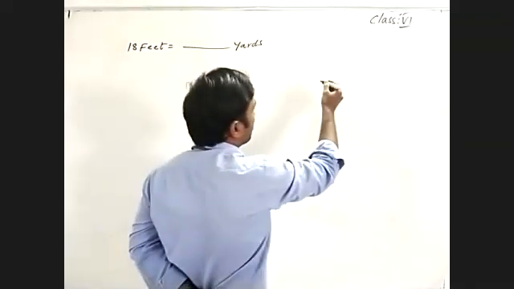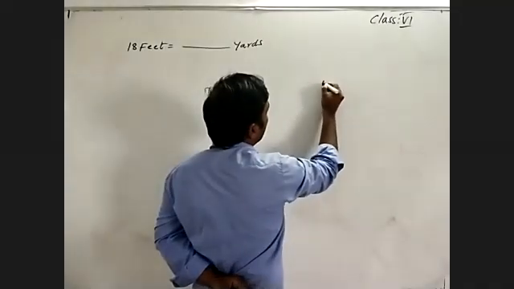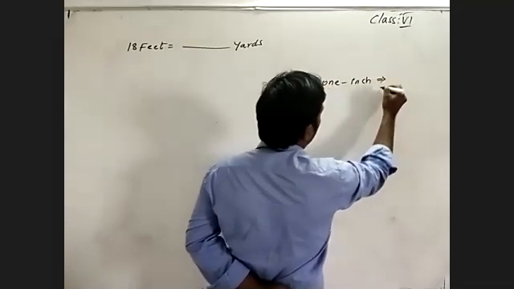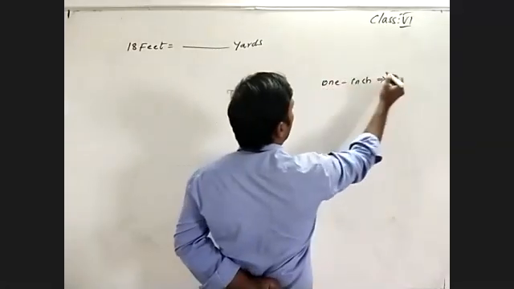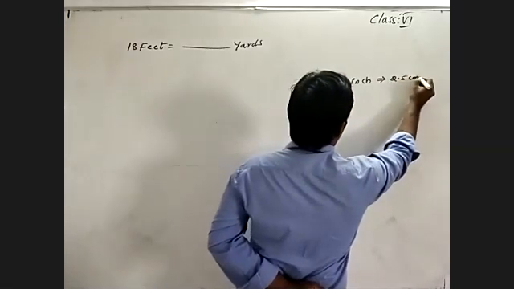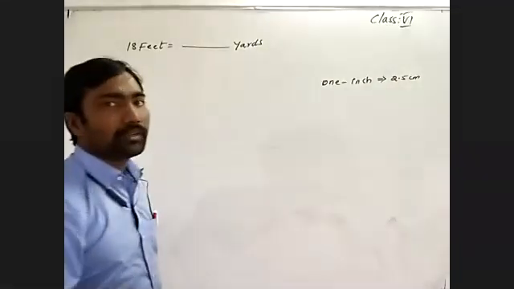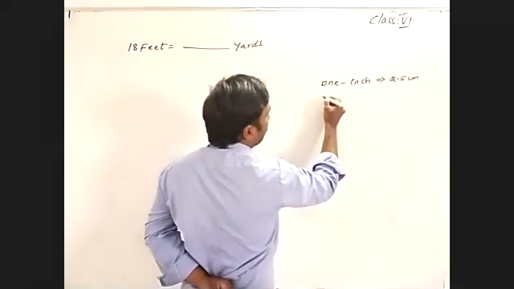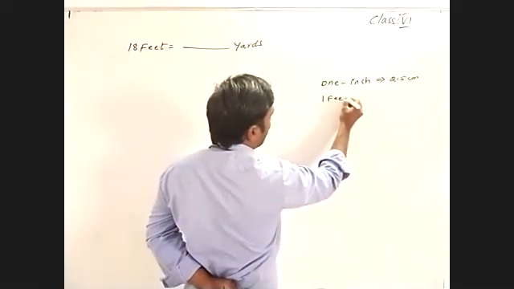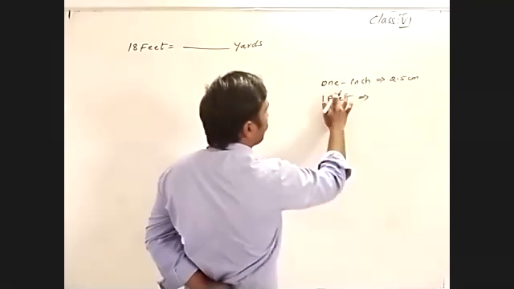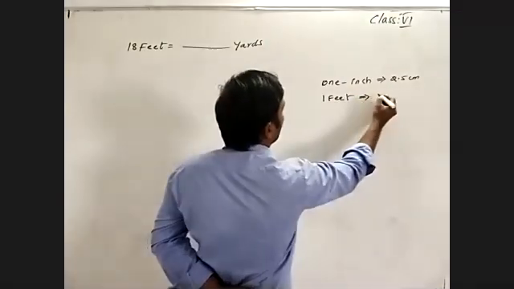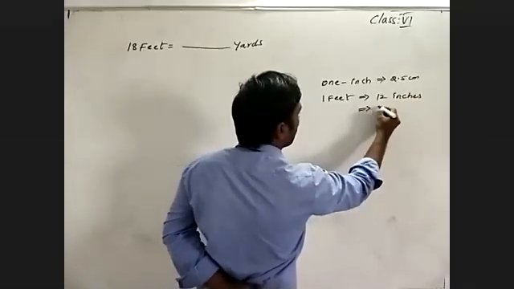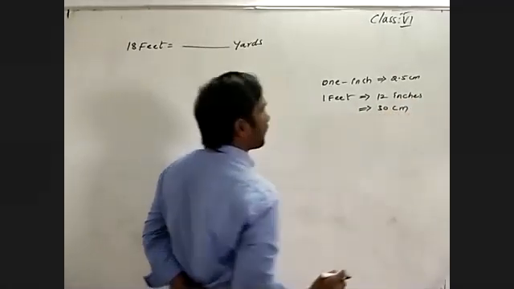Before that, 1 inch is equal to how much? 2.5 centimeters. Coming to that, 1 foot is equal to what you have written now? 12 inches, or otherwise 30 centimeters.